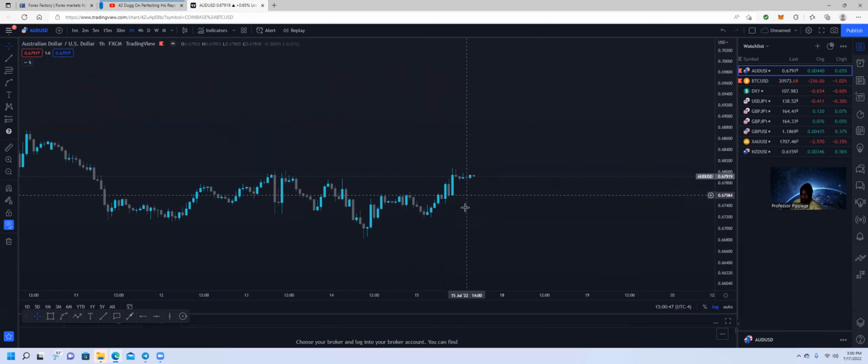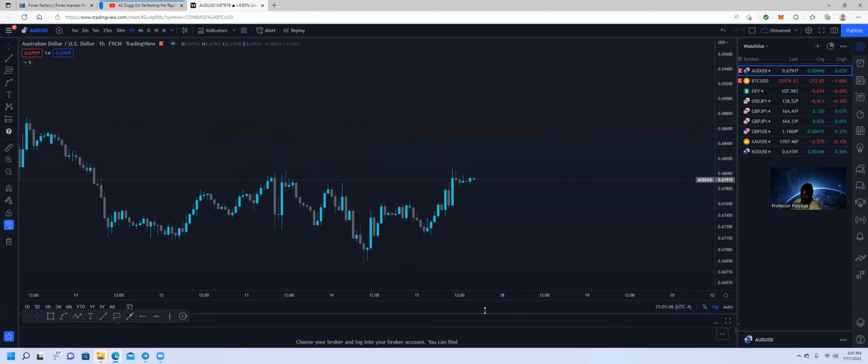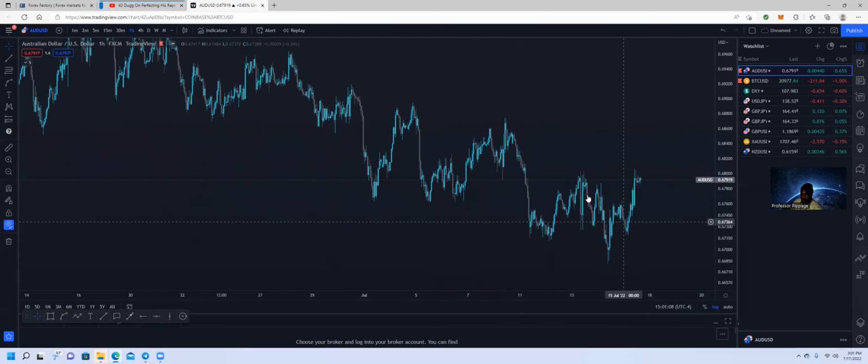If we shift structure on the 1H, I'll look for a deeper retracement. But if we don't shift structure on the 1H at price action open, potentially grab liquidity from above here and then retrace to a 1H structure and then push higher. But if price action comes down and starts closing below levels like this one right here, then it could potentially resume its bearish trend that you see from the higher time frames.